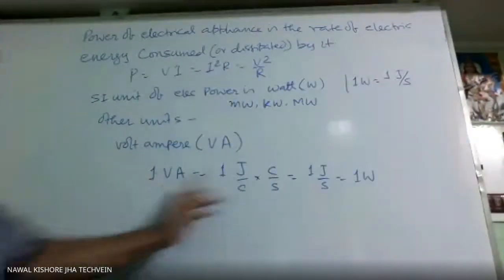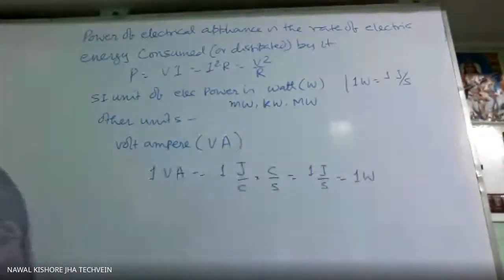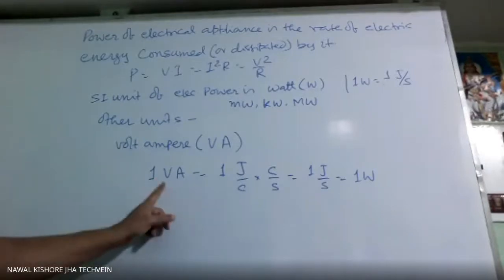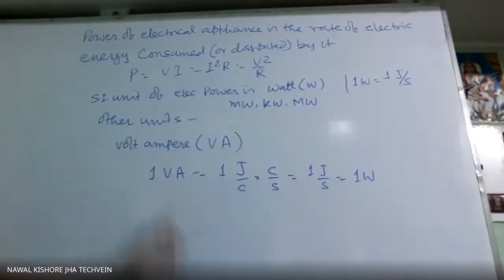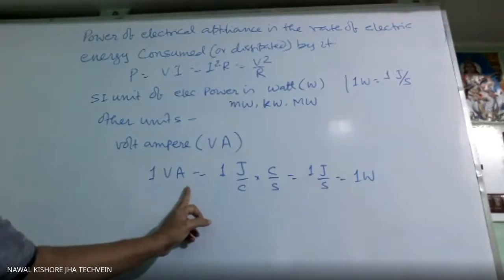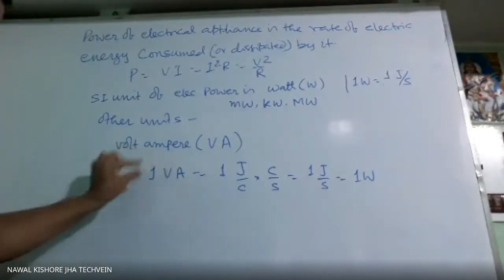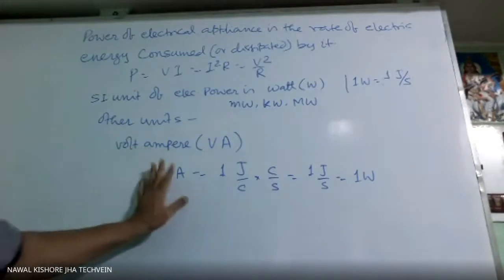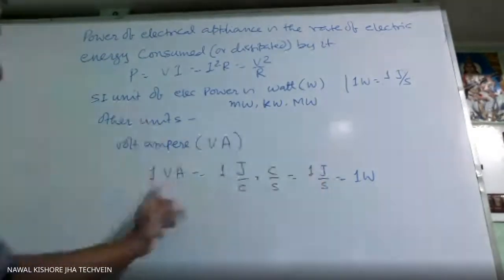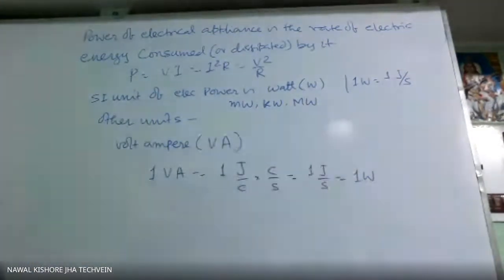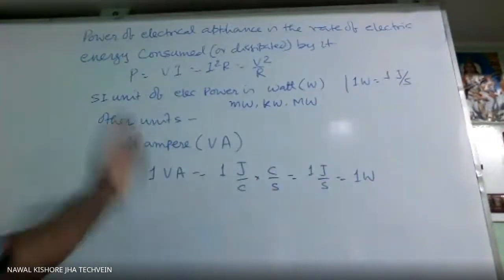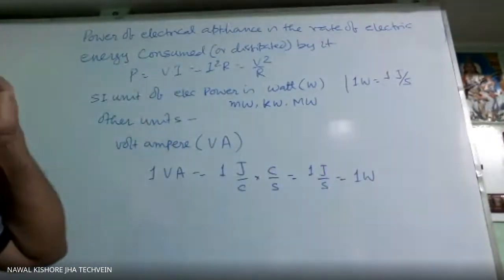So 1 VA and 1 watt, it is same. Numerically it is same. Definition is little different. If an appliance is connected to a source of 1 volt, and 1 ampere current is passing through it, power of that appliance is said to be 1 volt ampere. And generally nowadays we are defining like this only. We are not expressing in watt.